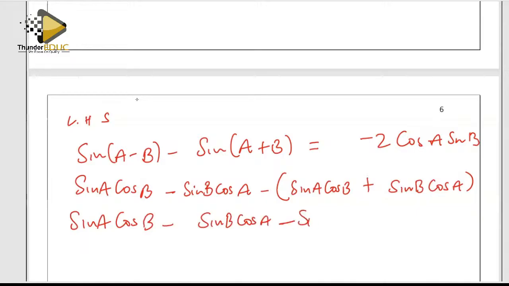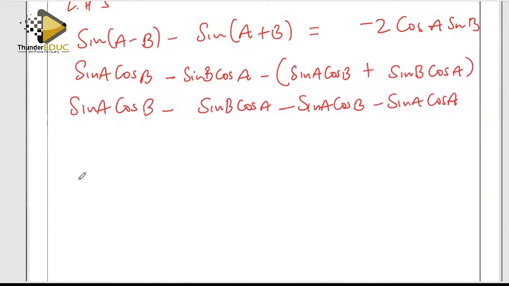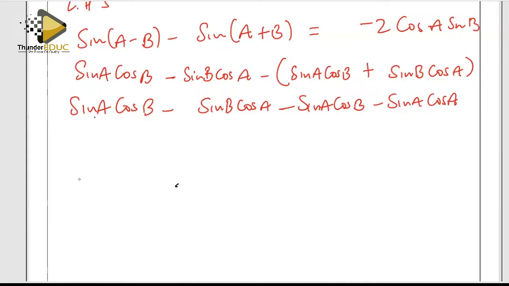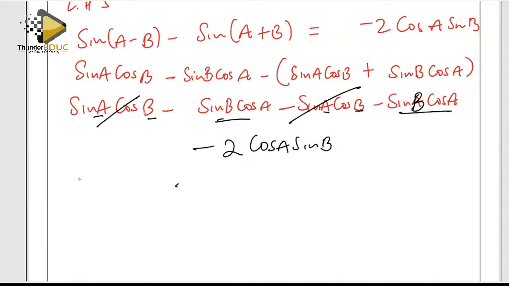Open up this further, minus sine of a cos b minus sine b cos a. Okay, so let's see what we cancel out. We have sine a cos b positive, sine a cos b positive. So this cancels that. Then sine b cos a, sine b cos a. So we're going to have a negative 2 cos a sine b, just the same thing, which is equal to the right-hand side. Okay, that we've proved.